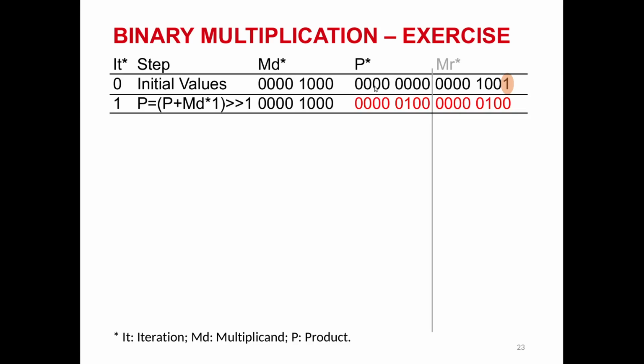So we add this 0 value together with MD here, and so you can see 1 bit available here. So when added, 1 will be available here, but after adding together we need to shift all the bits in P one bit right, and so the bit 1 here will be located here.